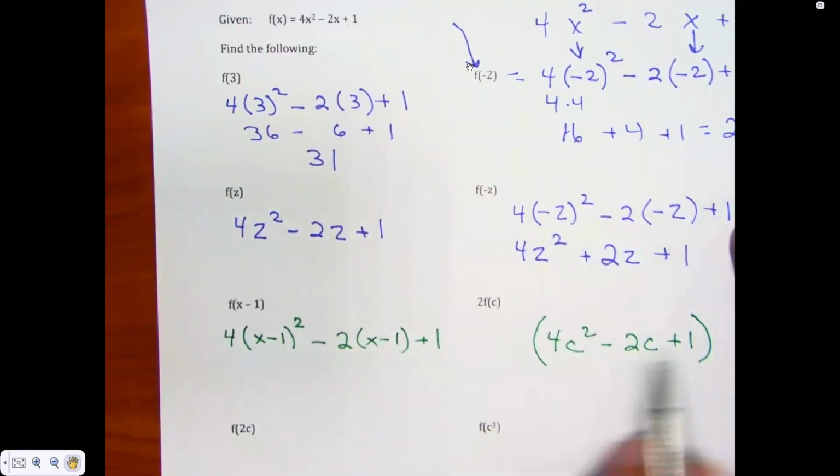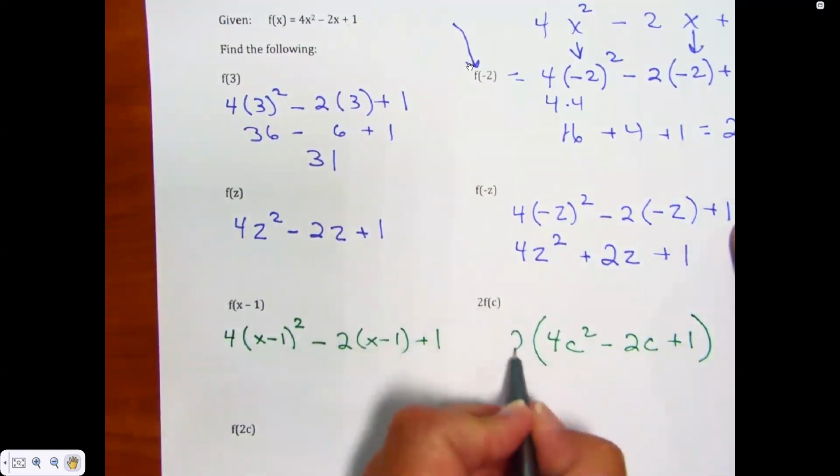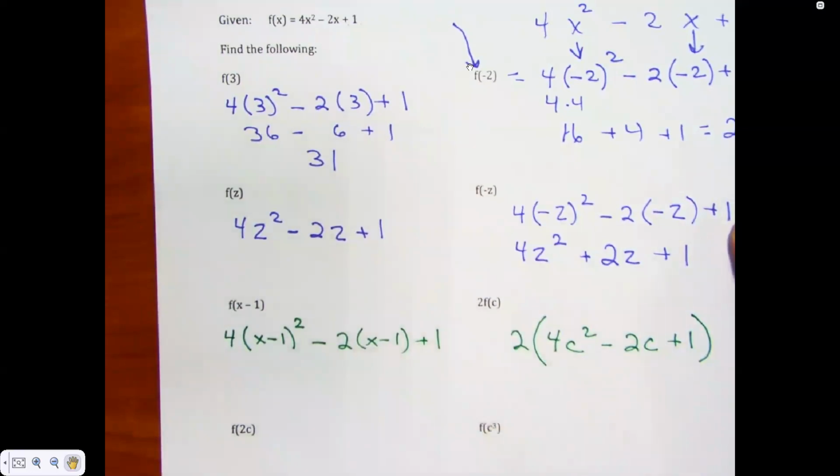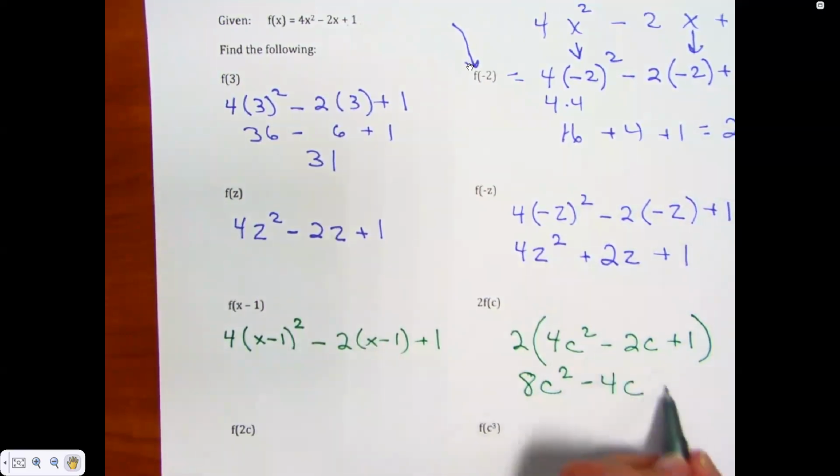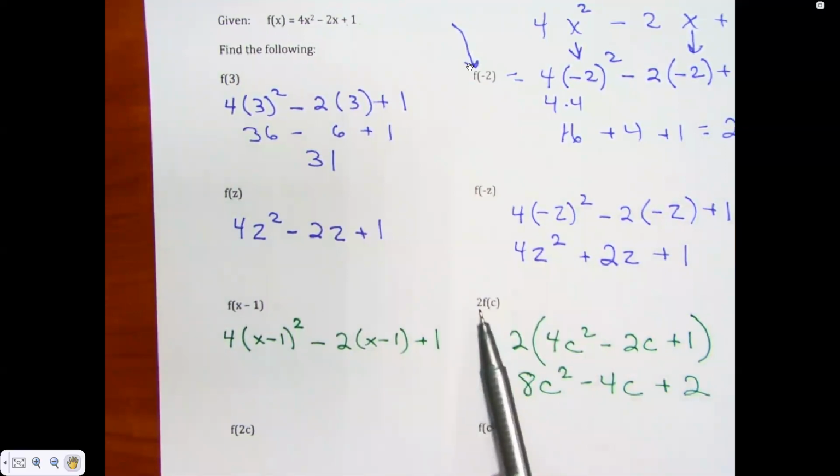So this is my entire f function. I now have to take it times 2. So the best answer would be 8c squared minus 4c plus 2. Okay, compare that. What is the next one saying? This one, the 2 was on the outside.